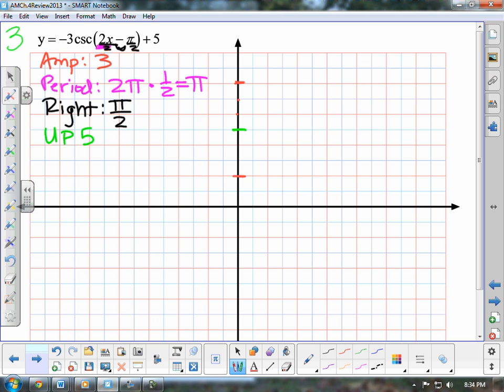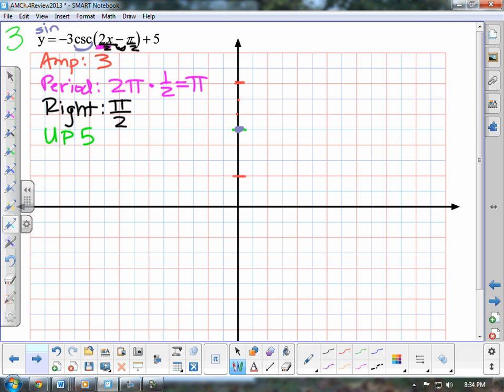And now we can start to sketch our graph, but now we are drawing cosecant, which is the reciprocal of sine. Sine usually starts in the middle, which would be there. But we must shift it to the right pi over 2. So we better first figure out our scale.